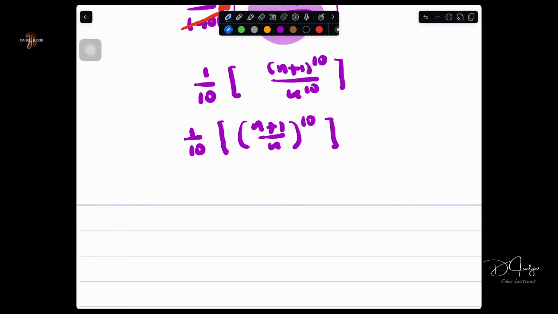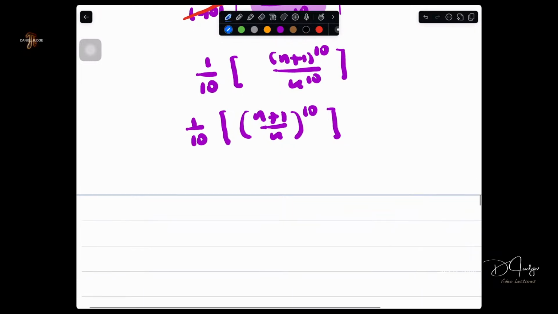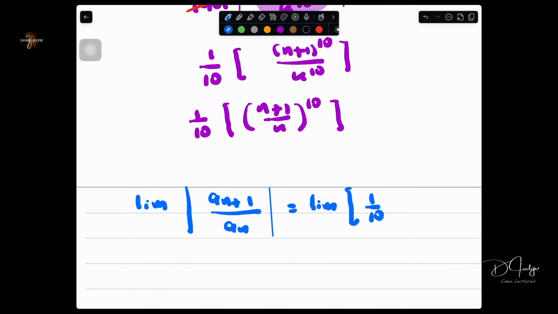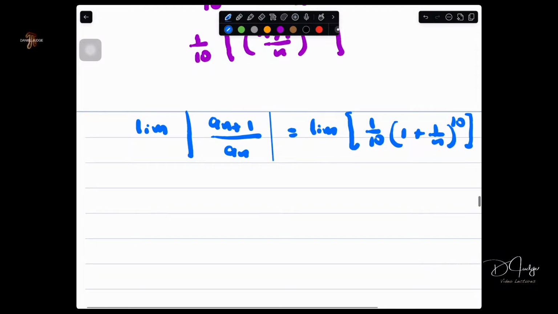All right, this is the absolute value of the ratio. So as we take the limit, a_{n+1} over a_n, that's really the limit of 1/10 times 1 plus 1 over n to the 10th power.